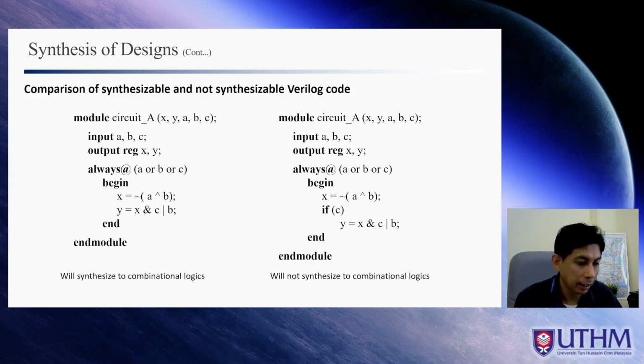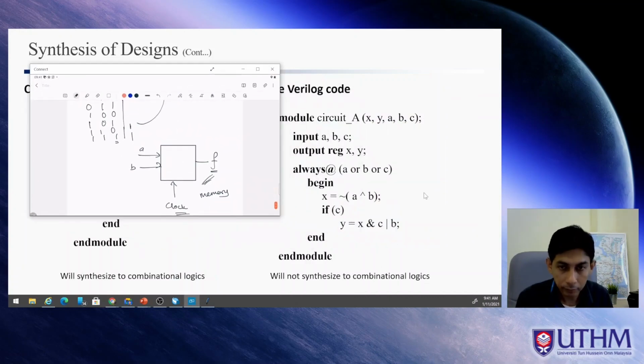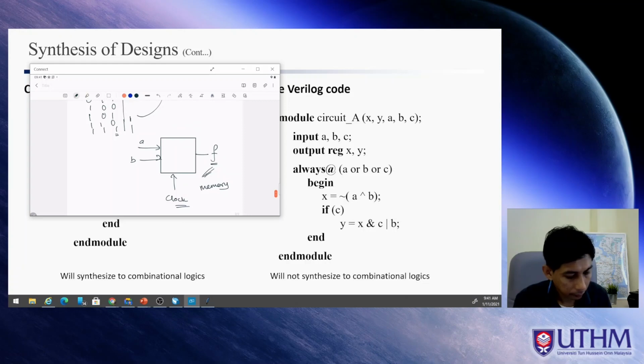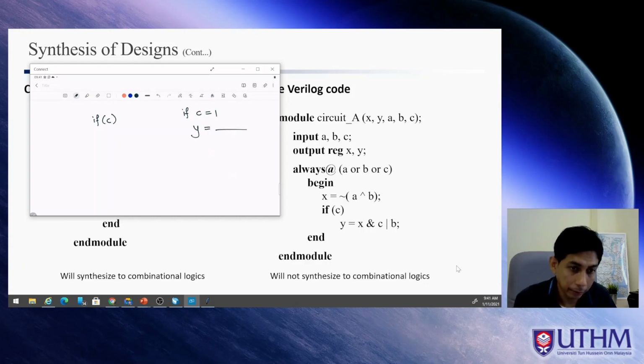Because in Verilog, if c means that if c equal to 1, the output y is equal to this. But what happens if c equal to 0?